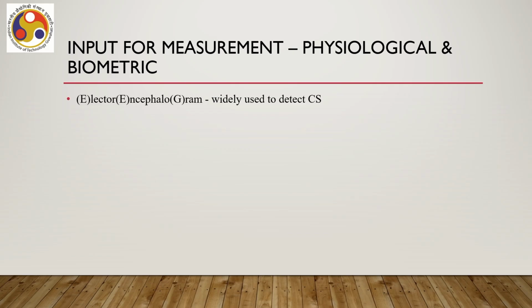EEG or electroencephalogram, it is one of the widely used input to detect CS. Then we have electrocardiogram, ECG. Then electrogastrogram, EGG.